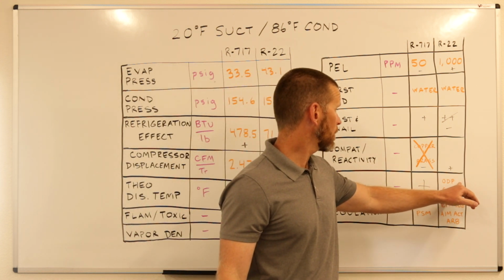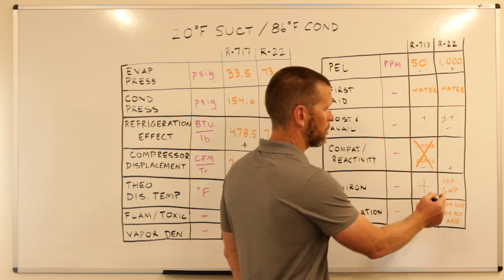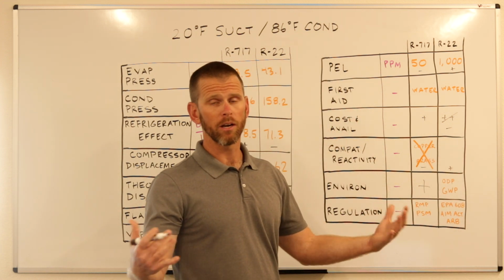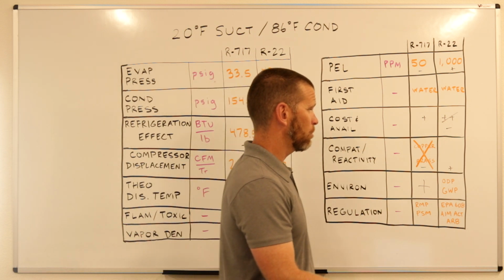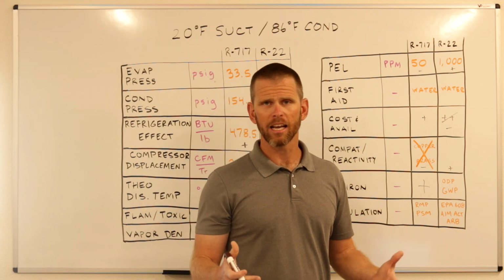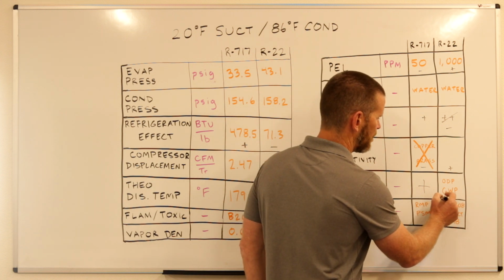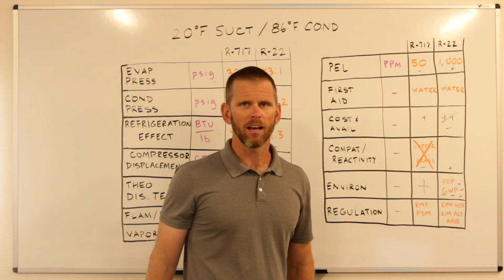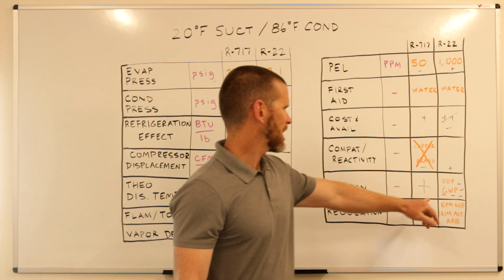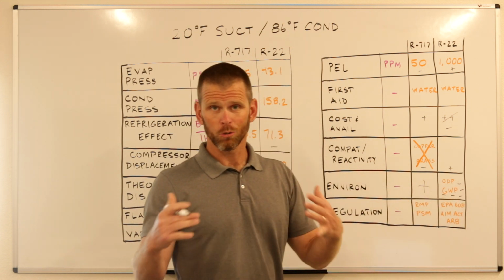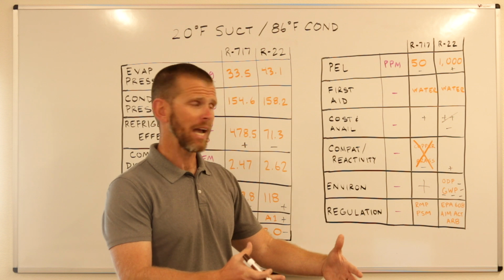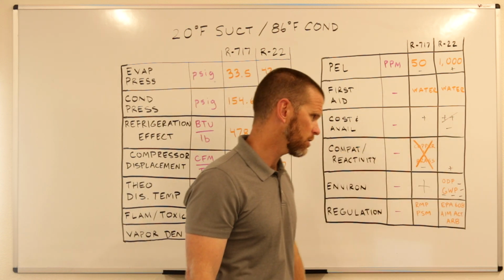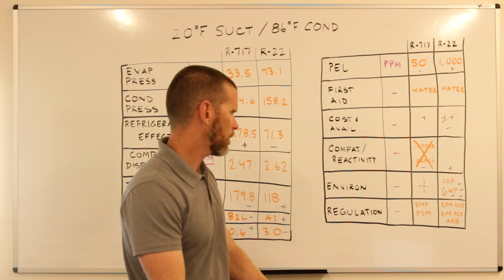Whereas R22 has an unacceptably high GWP and an ODP greater than 0, which is really a huge negative for it. Enough negative that I'm gonna go ahead and put about five minus signs here in my hypothetical example, because it's really this that led to R22 getting banned in production, being banned in the US, which has led to the increase in costs and availability of it, and it's a very big downside for R22.